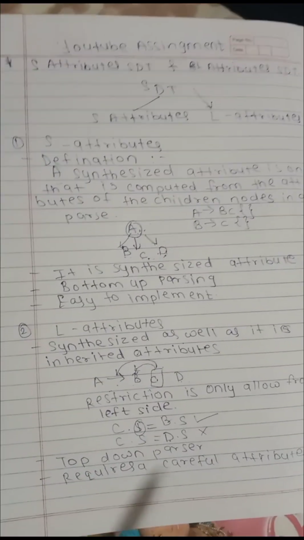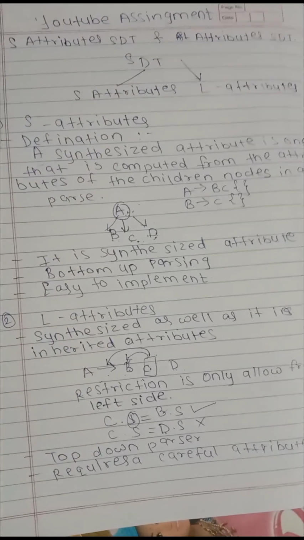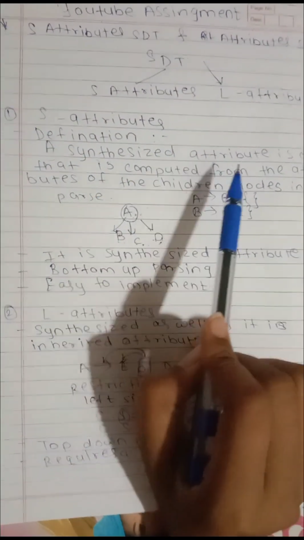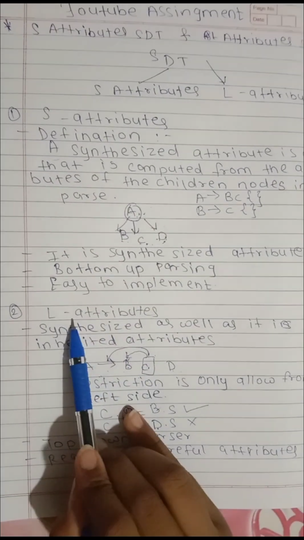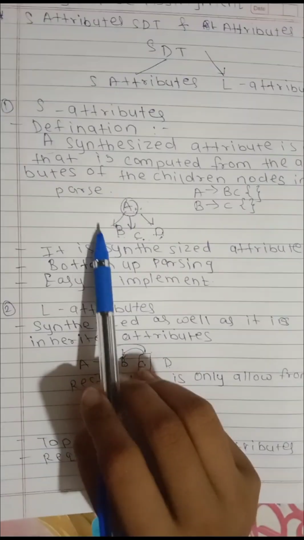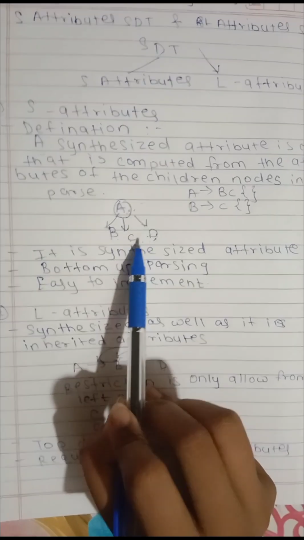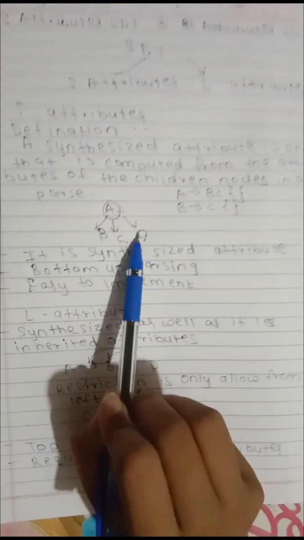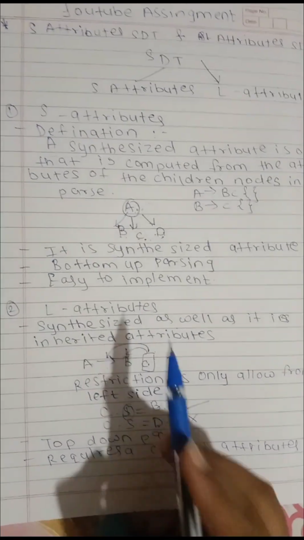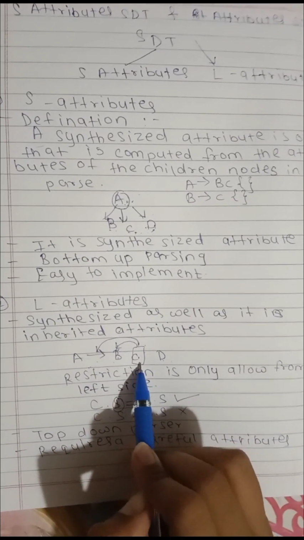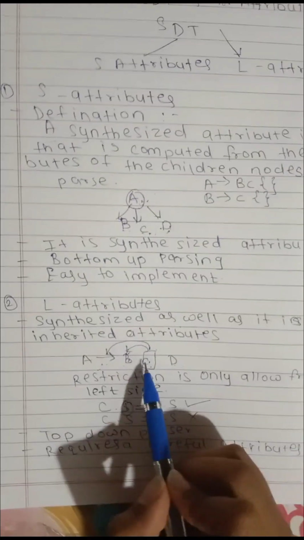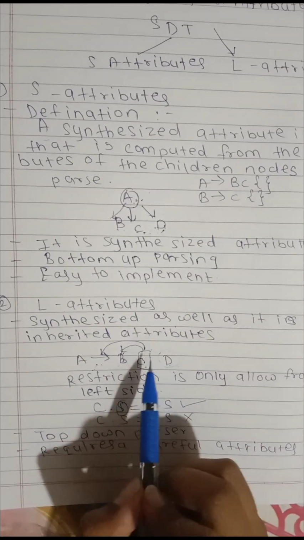So let's see the overview or difference. SDT is classified into two different types: S attributes and L attributes. S attributes is synthesized attribute, and L attribute is synthesized as well as inherited. Here we are only allowed to take values from children's attributes to the parent attribute, and here we allow the child attribute to take values from sibling attributes and the parent attribute, but not from the right sibling, only the left sibling.